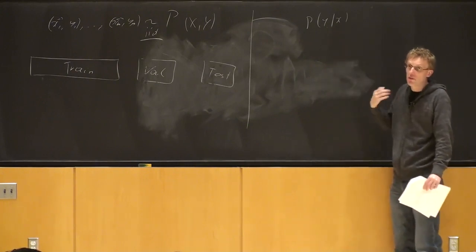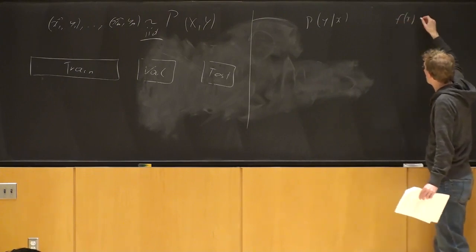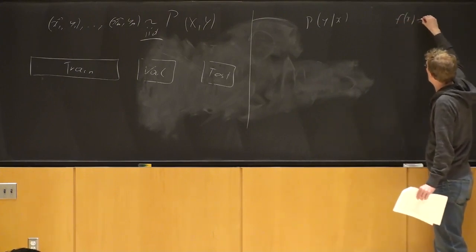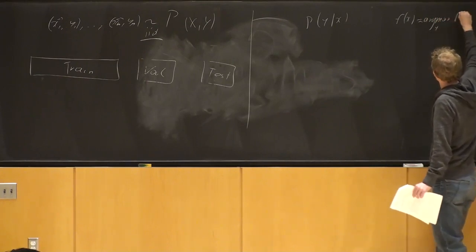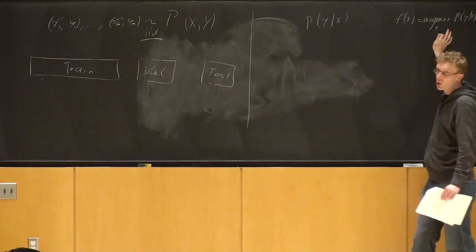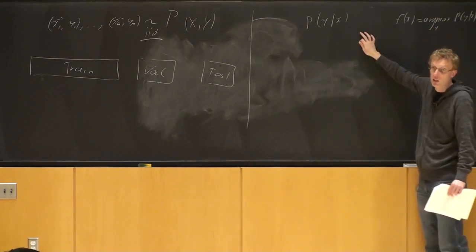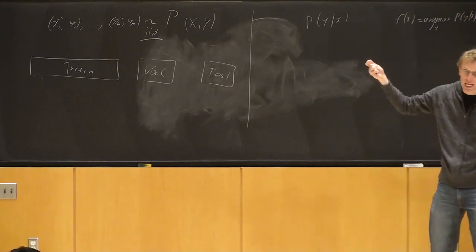Another option is to learn a function f of X which approximates exactly this, such that f of X is the argmax over Y of P of Y given X. So basically in this case, I don't learn a distribution. Maybe it's too much work to actually learn a distribution over the label. Really, all I care about is just the one label that's most likely.